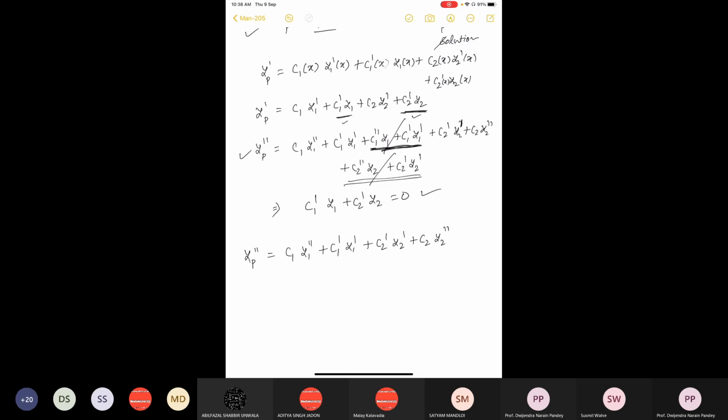Okay. Now I'm assuming that this is a solution of our equation, y double dash plus p y dash plus q y equal to r(x). So can you put it back here?